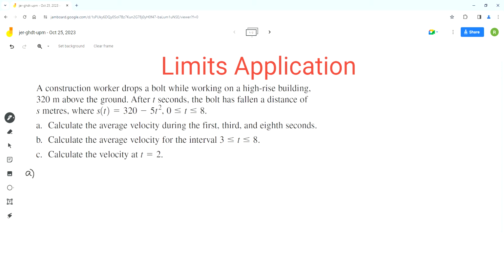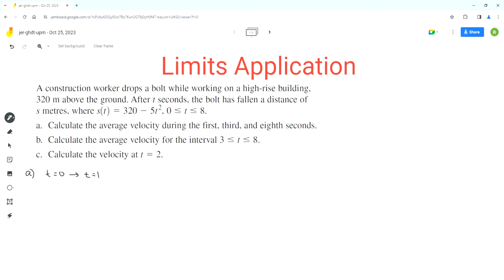So the average velocity during the first second will be the change from the beginning of time to the end of the first second, so basically from t equals 0 to t equals 1. That's a very important concept we need to understand and memorize.